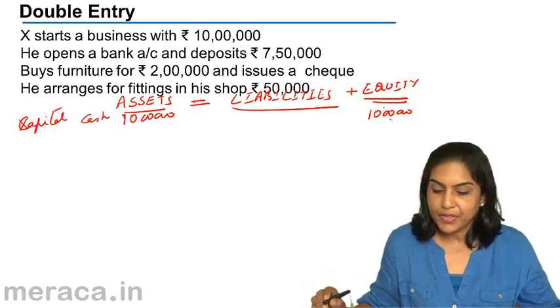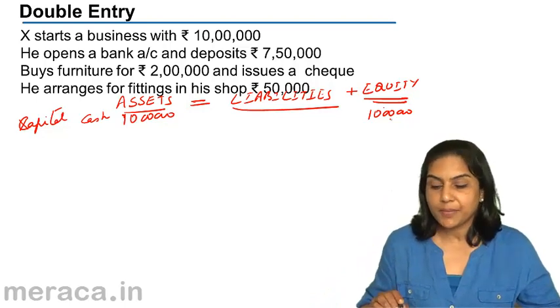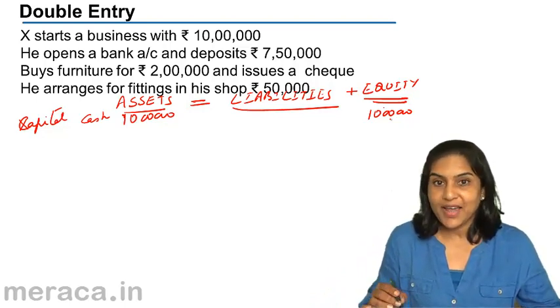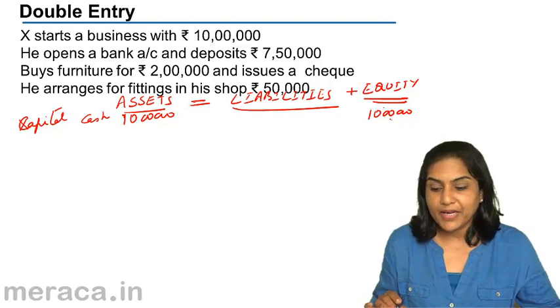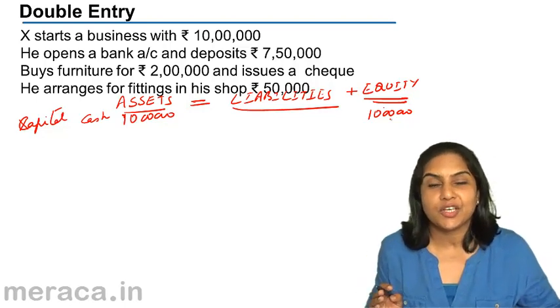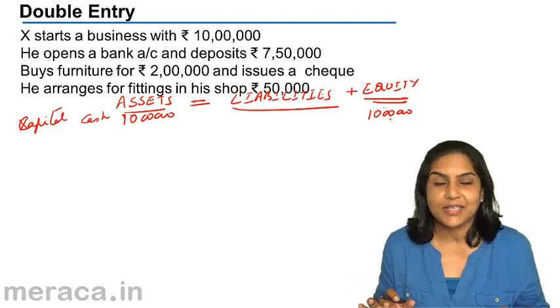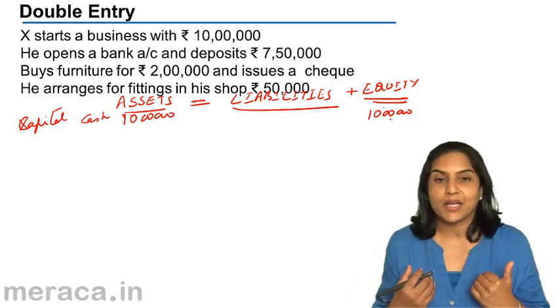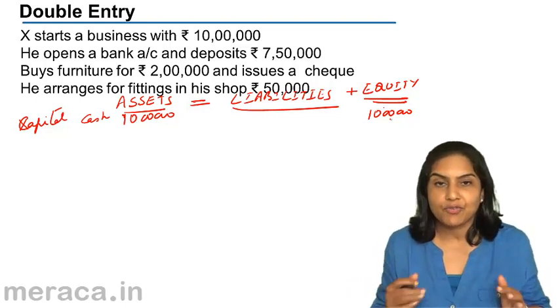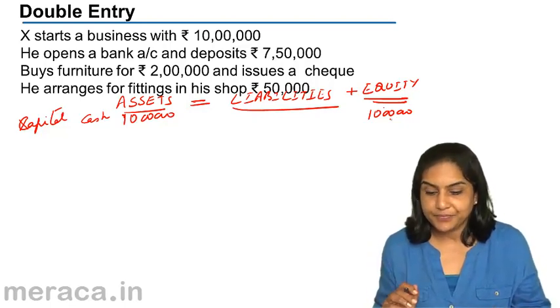being capital. Next, he opens a bank account, deposits 7,50,000 in the bank. So now his cash has come down by 7,50,000. Money in the bank is also his asset. If tomorrow he wants to take this money, he can take it back. The bank has to give it to him. Therefore, 7,50,000 is an asset.